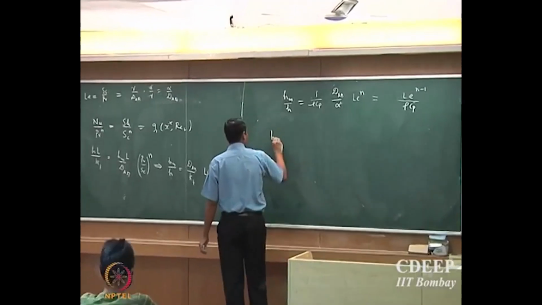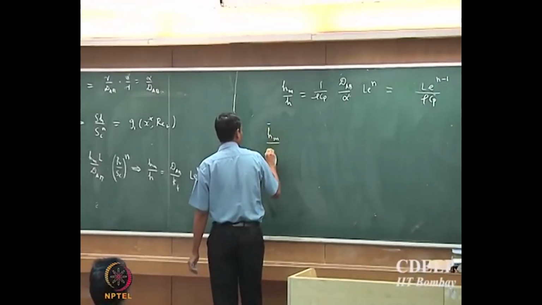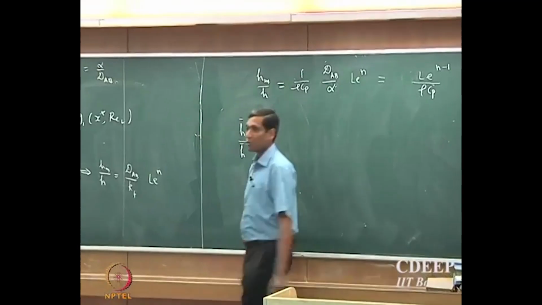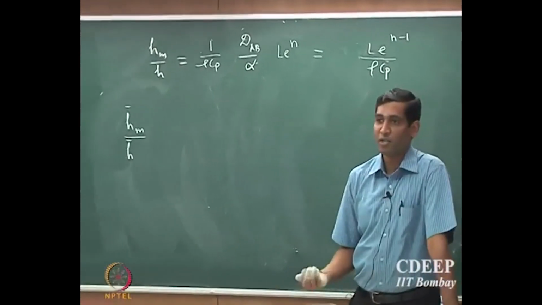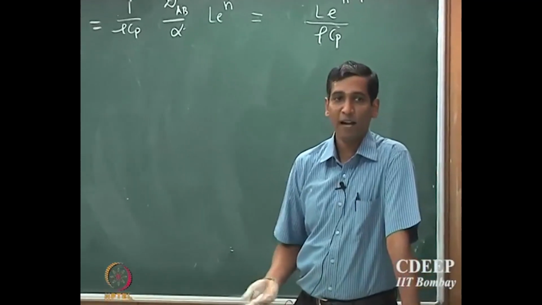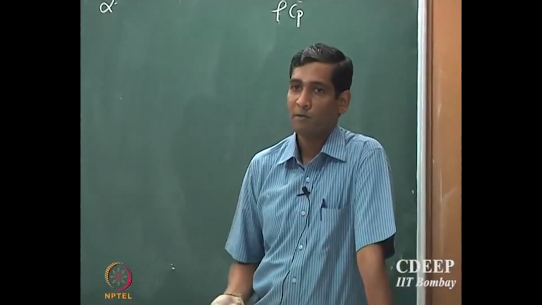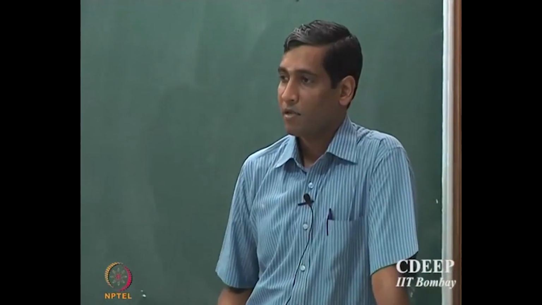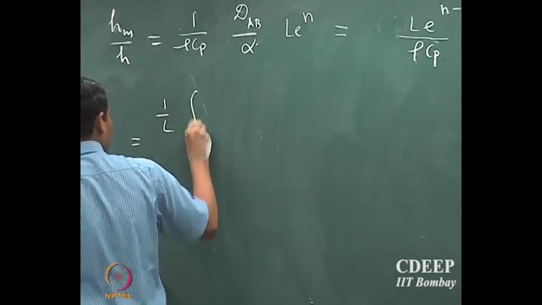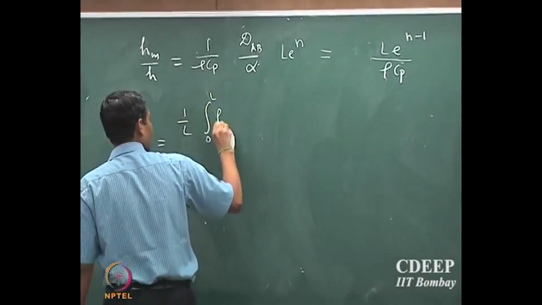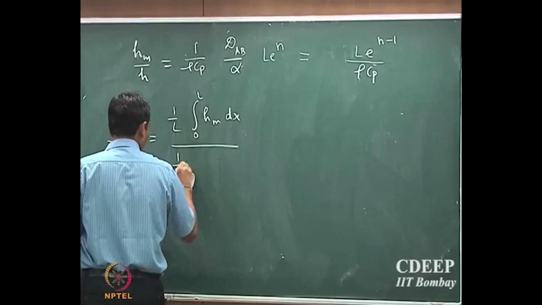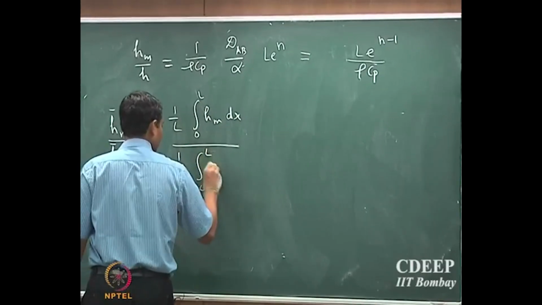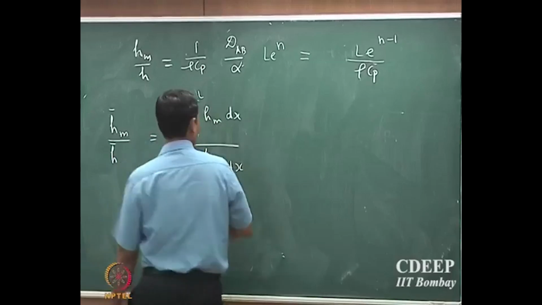Supposing I look at the average mass transport coefficient and average heat transport coefficient. What's the definition of average mass transport coefficient for a flat plate? One by L integral 0 to L H_m dx divided by 1 by L integral H dx. Okay.